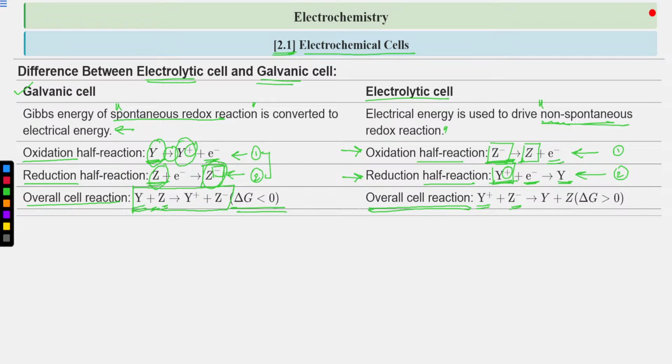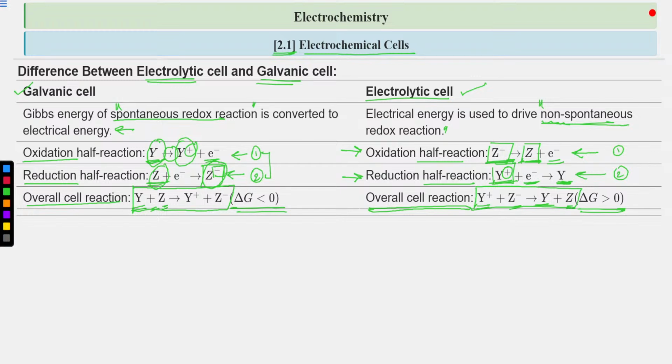And here at the product side we have Y plus Z. So this is the overall cell reaction for the electrolytic cell. For this reaction, this is a non-spontaneous reaction, and the del G, that is Gibbs free energy for this reaction, is positive, greater than 0.